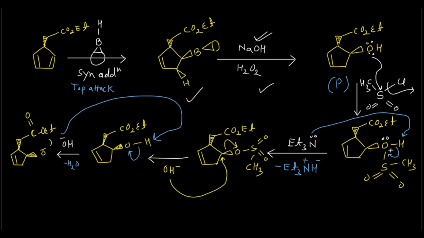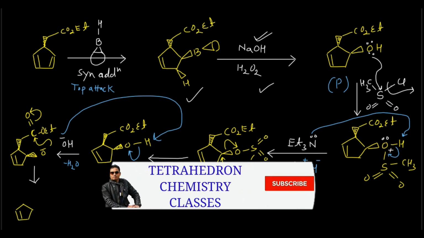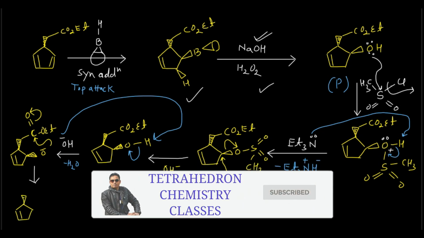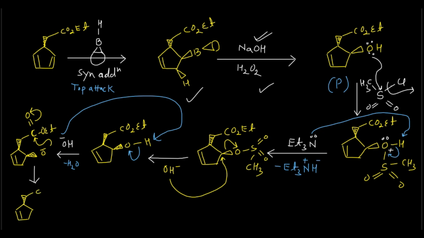This negatively charged species will attack this particular carbon, okay, and this will get shifted over there, and when it shifts, you will have another intermediate which will look like this: double bond, okay, and then my below-the-plane moiety, this is my carbon, now this is a single bond oxygen, this is my OEt, okay, and that oxygen which is below the plane, right, now it has made a bond with this carbon, okay.